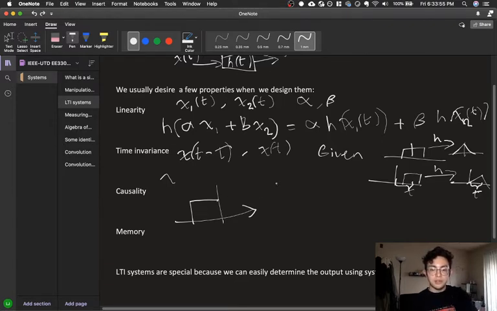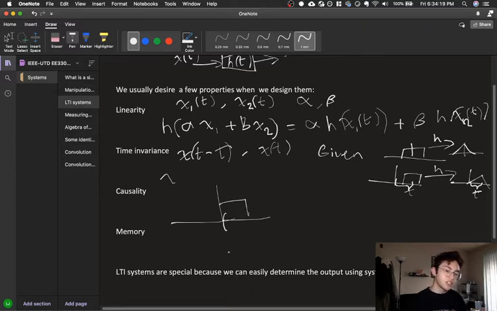Wait, hold on, I mixed that up. Yeah, it needs to be only on the right side, from 0 to infinity, because when we do convolution of a signal with the system, the impulse response needs to be all the way on the left when we flip it, if that makes sense.